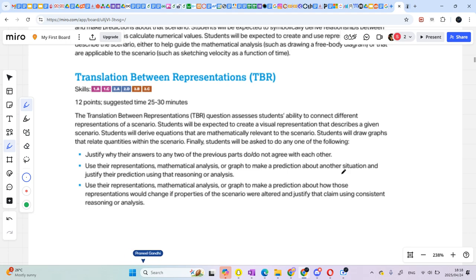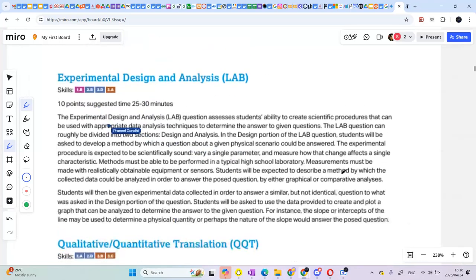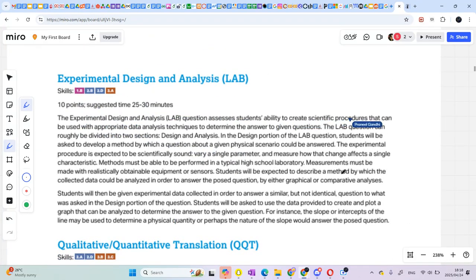The third type of question is the experimental design and analysis. So you have to create a scientific procedure that can be used with appropriate data analysis techniques to determine the answer to a STEM question. The question can be roughly divided into two different sections, design and analysis.